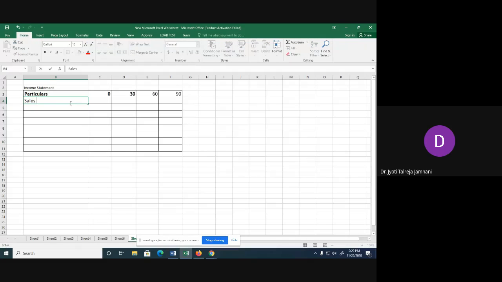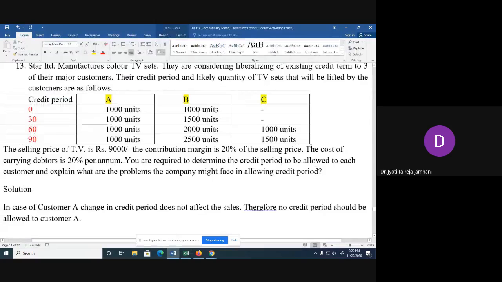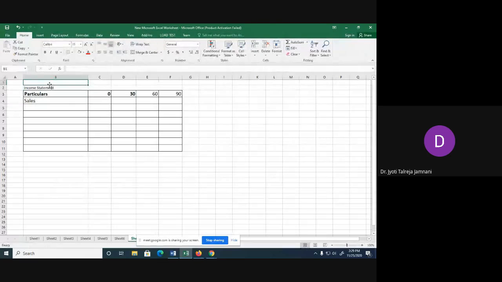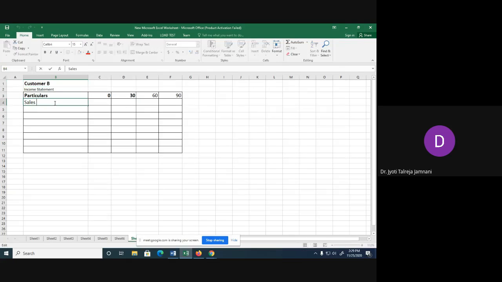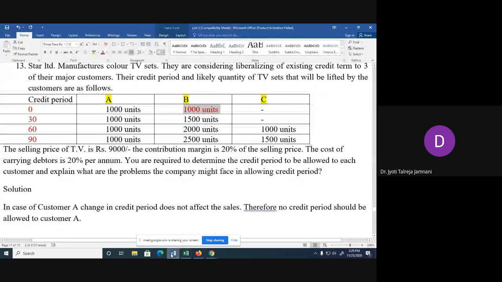First is sales. Okay, what happens to sales? When you give 0 days credit, the sales of customer B is 1,000 units. So here I'll write the heading, I'm doing it for customer B. So in the first case, 1,000 units into, let's see what's the selling price per unit.